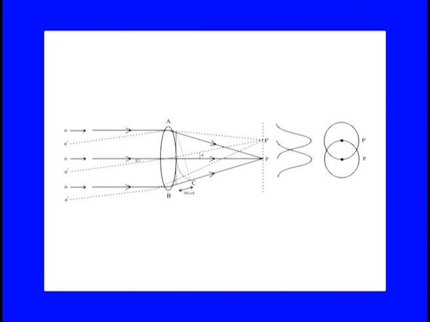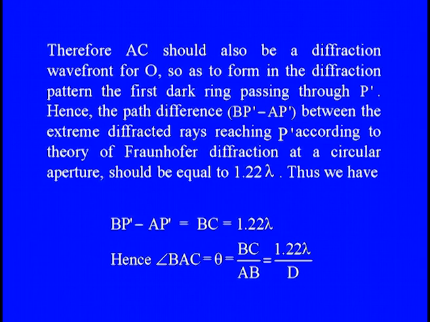For just resolution of O and O prime, the dark ring in the diffraction pattern of O should pass through the point P prime. Therefore, AC should also be a diffraction wave front for O, so as to form in the diffraction pattern the first dark ring passing through P prime.